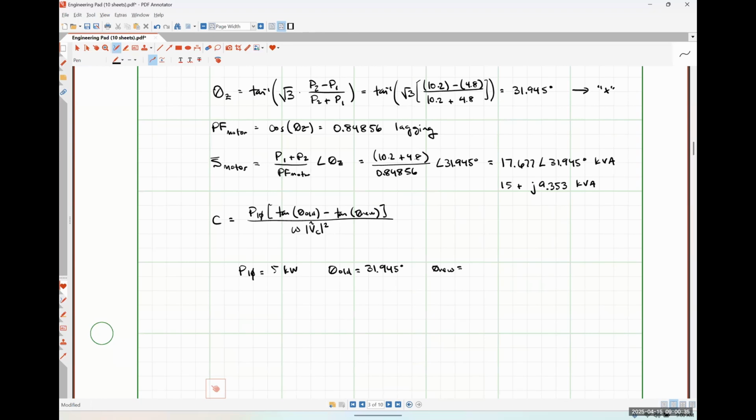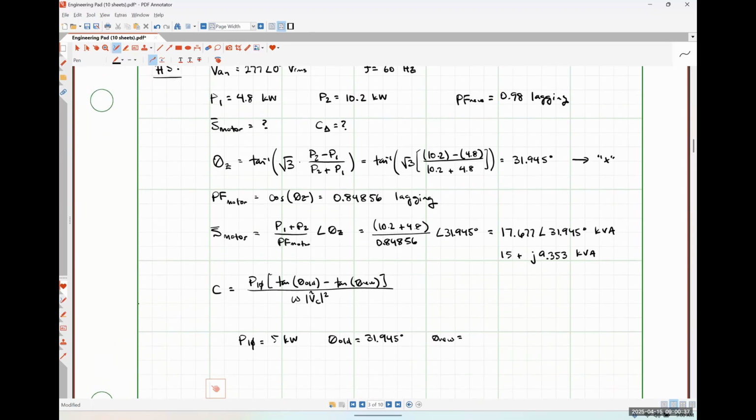How am I going to find theta new? So the inverse cosine of 0.84856 is that 31.945 degrees. Exactly right. So the inverse cosine of the new power factor after power factor correction.